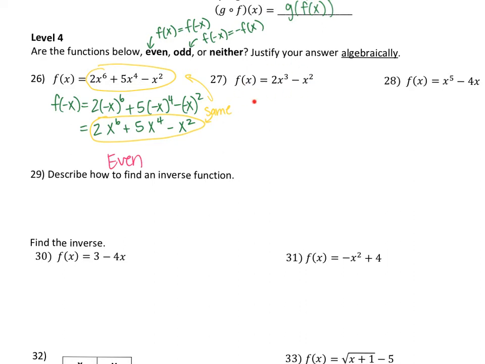All right, let's check out our next one here. So again, they have the positive f of x. We're going to plug in the negative version and work this out. So this is going to be 2 times negative x cubed. If you took a negative and you cubed it, an odd power, then this is going to come out as a negative x to the 3rd.